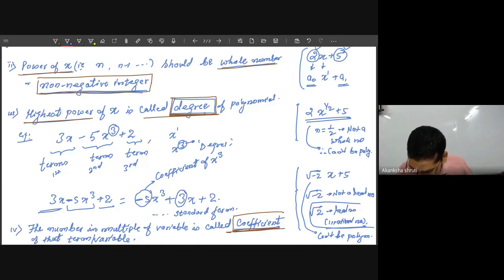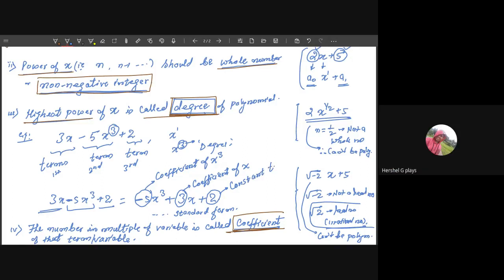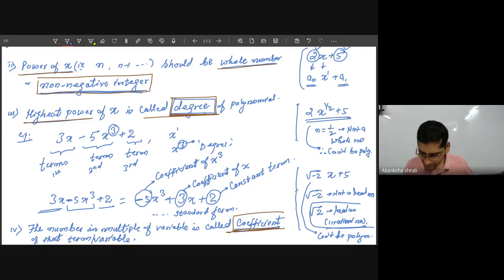Student, if I come to the second term, it contains 3x. So 3 is the coefficient of x. Very good. And 2, which does not contain any variable, is called the constant term. The first term consists of the coefficient and the variable with its power.